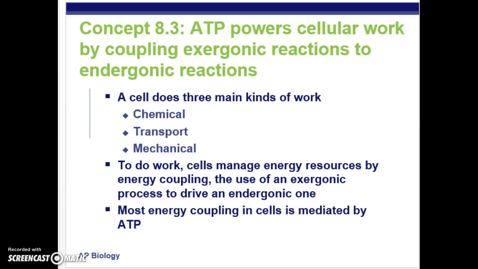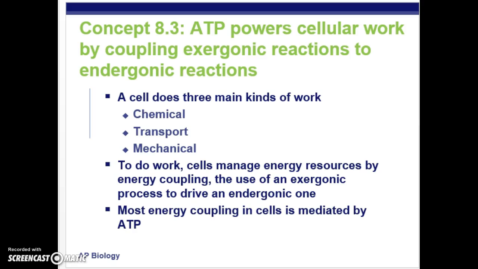Now we're going to take a little side trip here to discuss ATP, because ATP is a way that cells get energy to run their exergonic and endergonic reactions. A cell can do three types of work: chemical work, transportation, or mechanical work like movement.